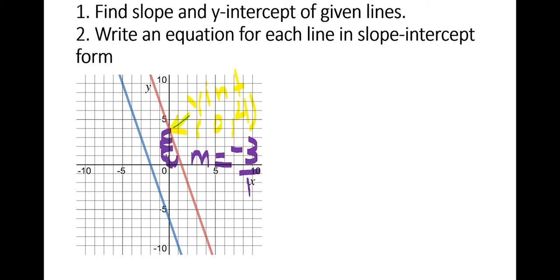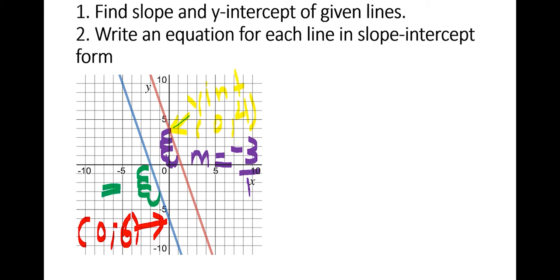Now for the blue line, our y-intercept is (0, negative 6). And our rise over run is going down 3 and right 1.